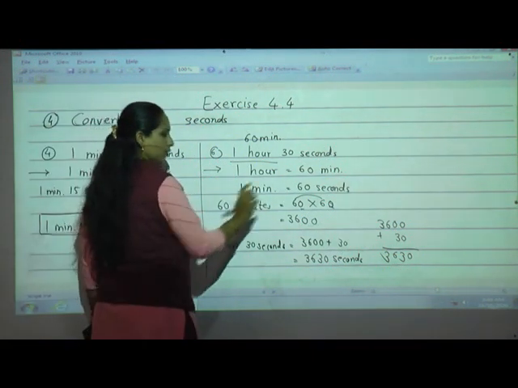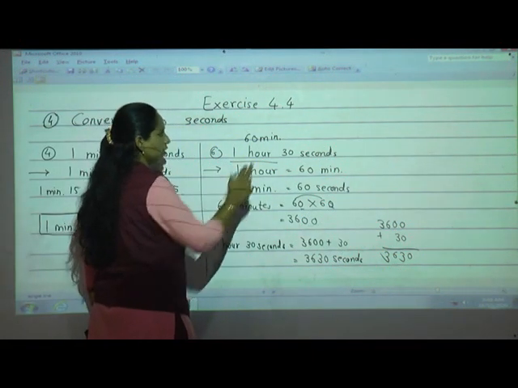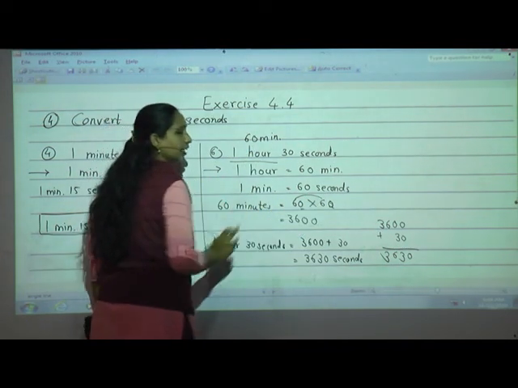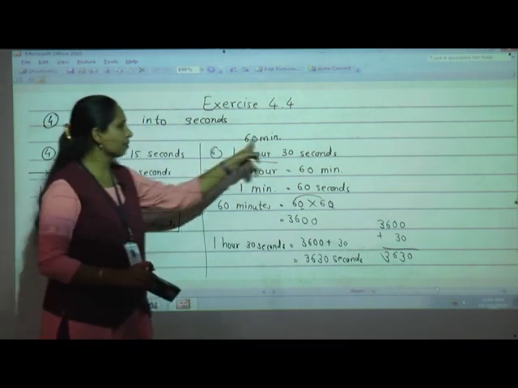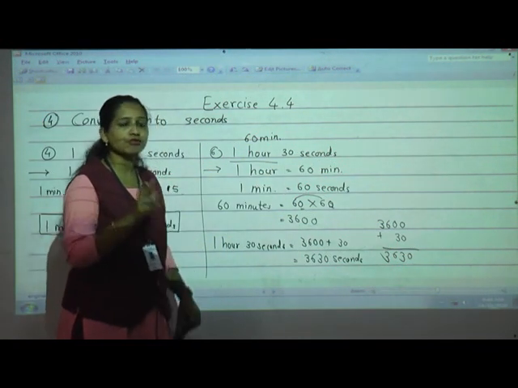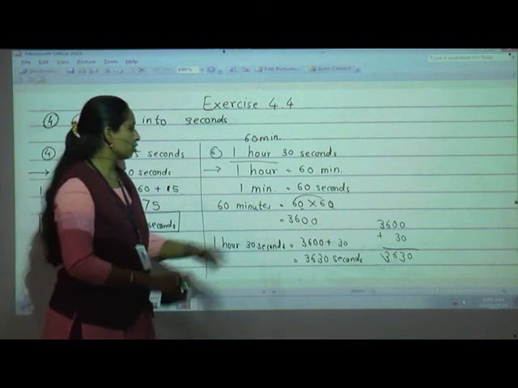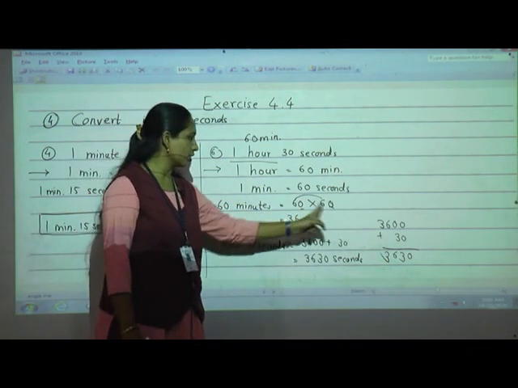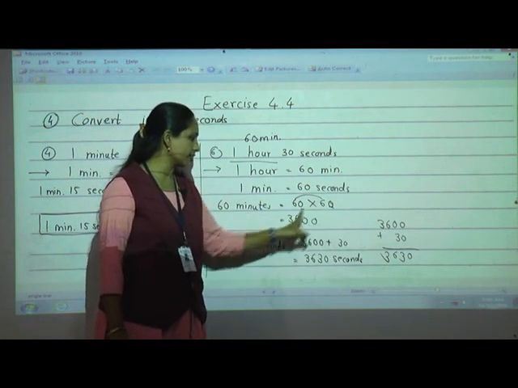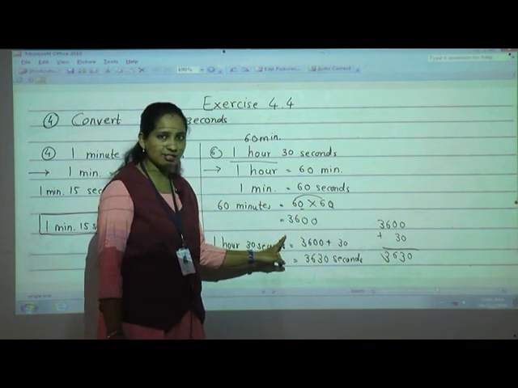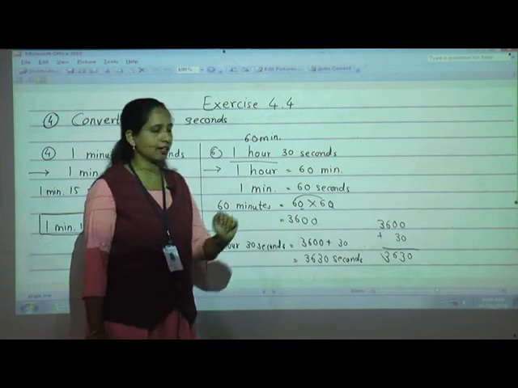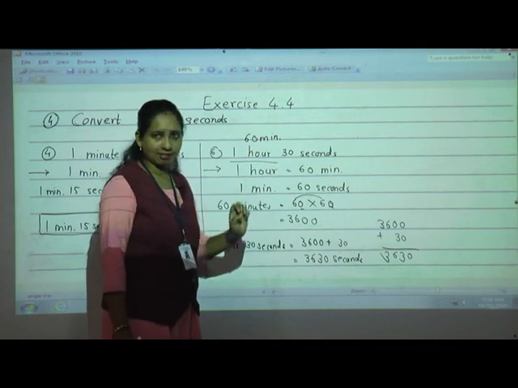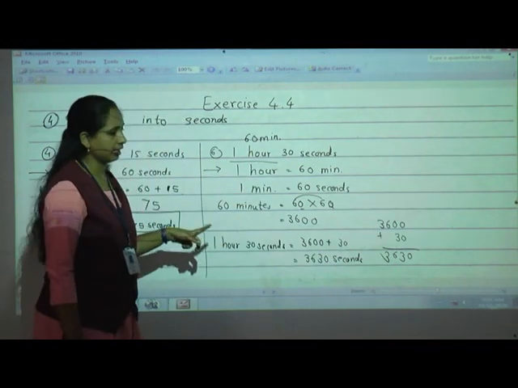So 1 minute is equals to 60 seconds, this you know. So 60 minutes is equals to 60 multiplied by 60. To convert minutes into second, what we do? We multiply by 60. So I have done same, 60 minutes multiplied by 60. So 0, 0, right as it is, 6, 6 are 36. So answer is 3600. Here the answer is not completed. Here 30 seconds are there, we have to add those 30 seconds also.